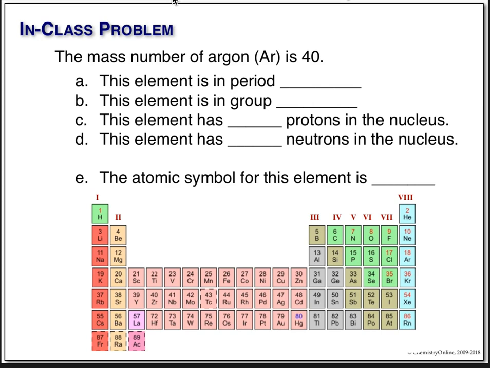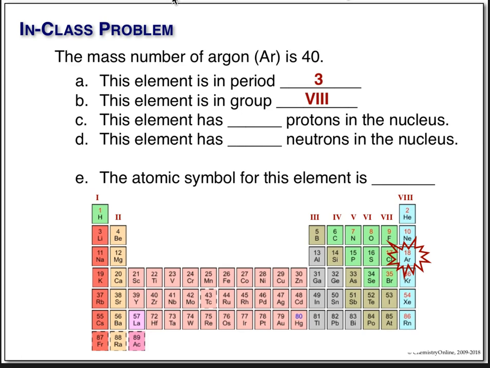So, step one. We're talking argon. Where is argon? It's there. What's our period? 1, 2, 3. What's our group? 8.